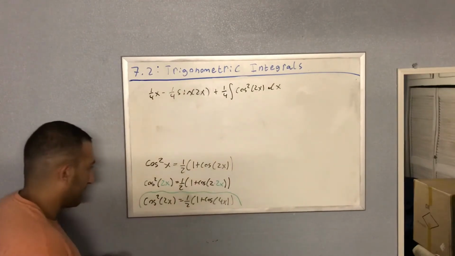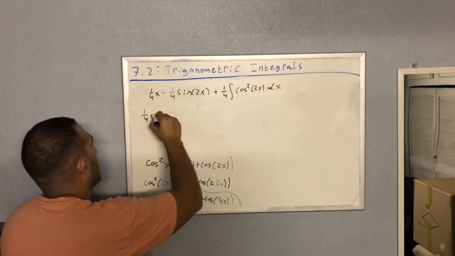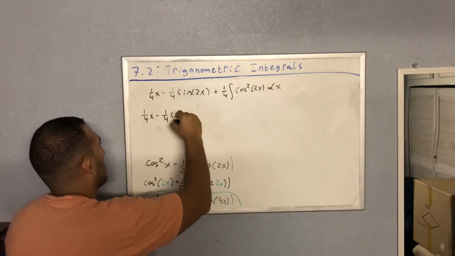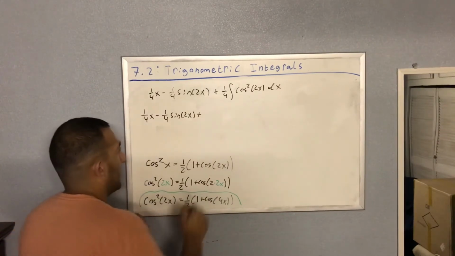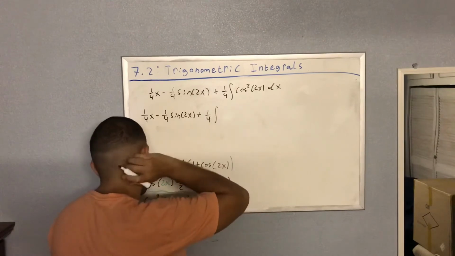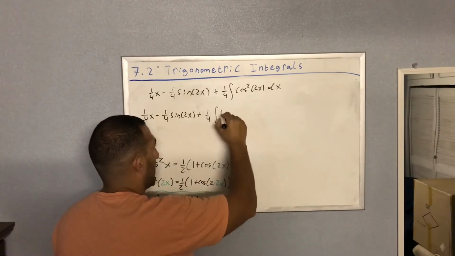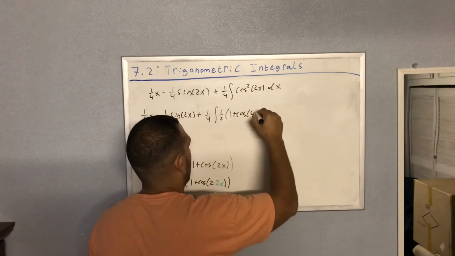So now this becomes 1/4 x minus 1/4 sine of 2x plus 1/4 times the integral of 1/2 times 1 plus cosine of 4x.